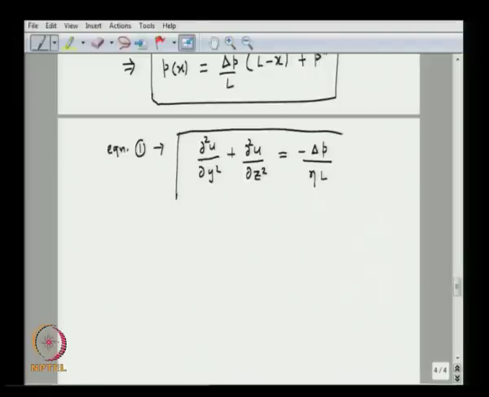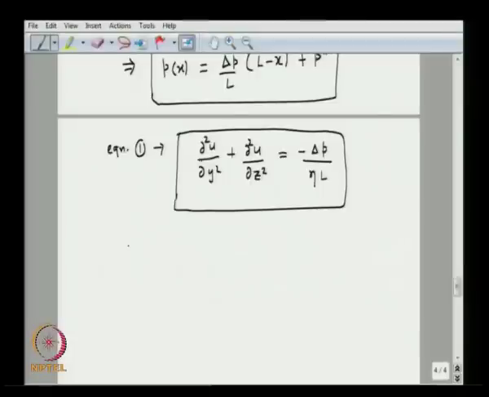So, this equation is going to be valid for different cross sections. This is independent of the cross section of the flow, okay, for any Poiseuille flow, right.